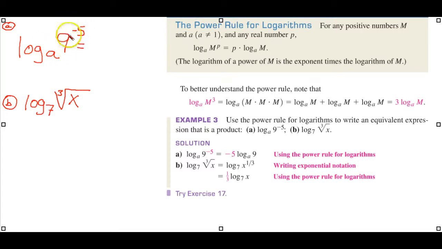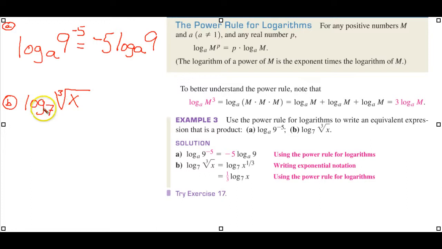Well, we're going to take this exponent, put that out over here, -5, and then write log base a to the 9th. So again, all we had to do is take this exponent and put it out here that we're going to multiply.